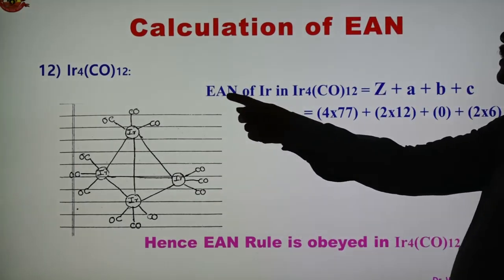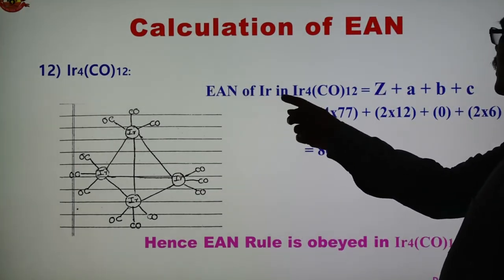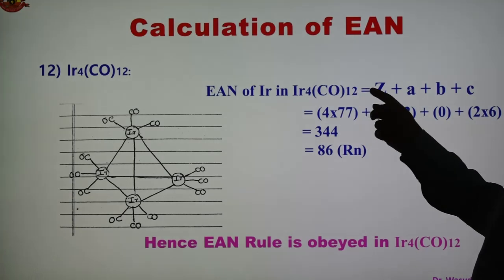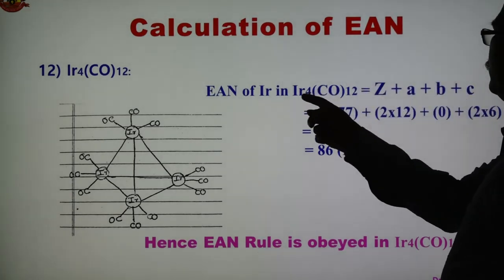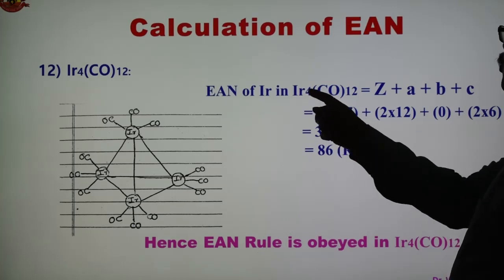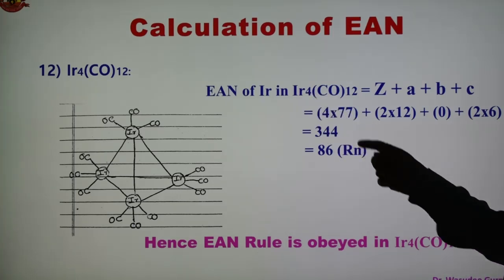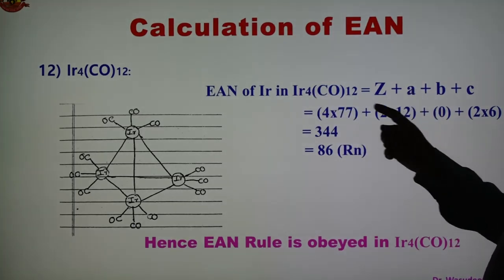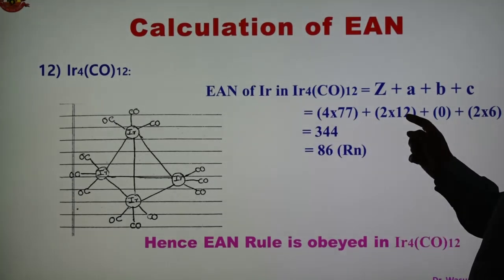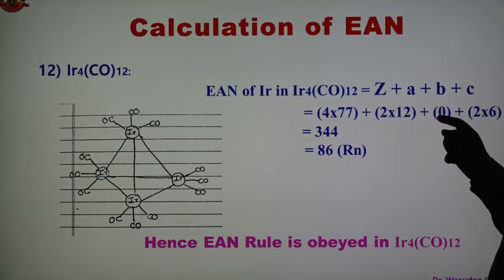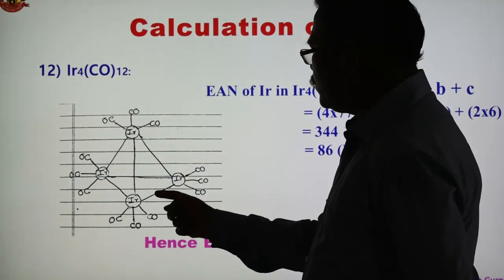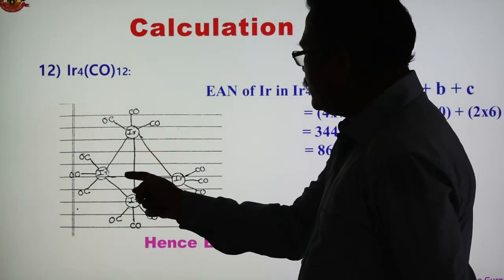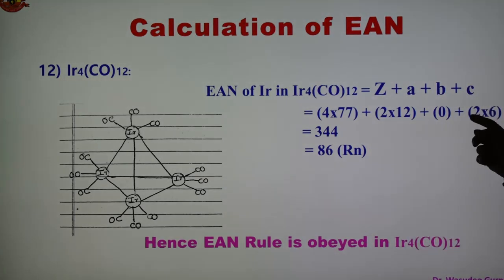So in this case EAN of iridium in Ir4CO12, formula is Z plus A plus B plus C. Z is the atomic number of iridium, 77. So 4 metals are there, so 4 into 77. Terminal carbonyls are 12: 3, 3, 3, 3, so total 12, 2 into 12. No bridging carbonyl. Metal-metal bonds are 6, so 2 into 6.